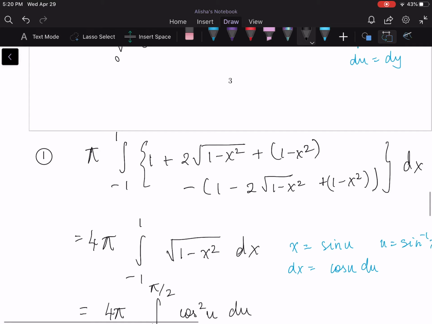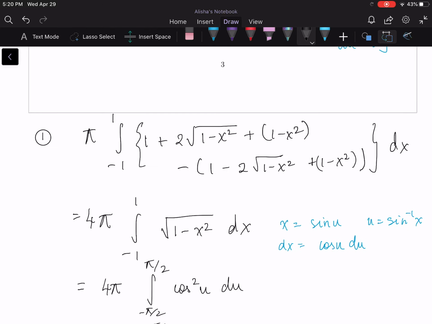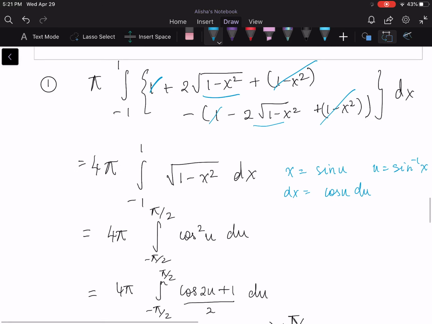Once I opened out those parentheses and squared things out, you'll see that some of these terms cancel. You have the plus 1 minus 1, plus 1 minus x squared, and then minus of that. And then these two terms add up. So you get 4 times that square root, and I just moved the 4 out in front of the integral.